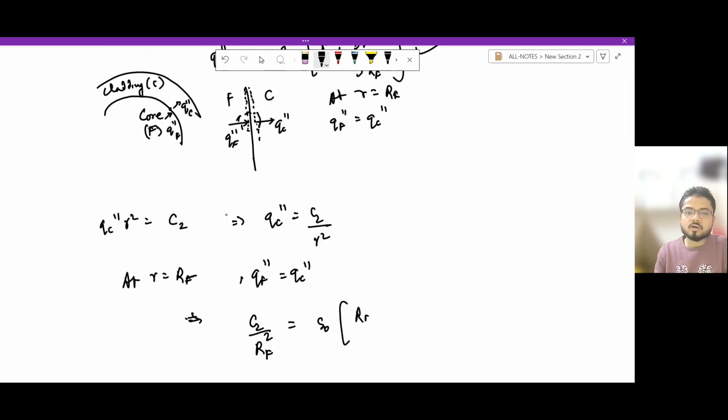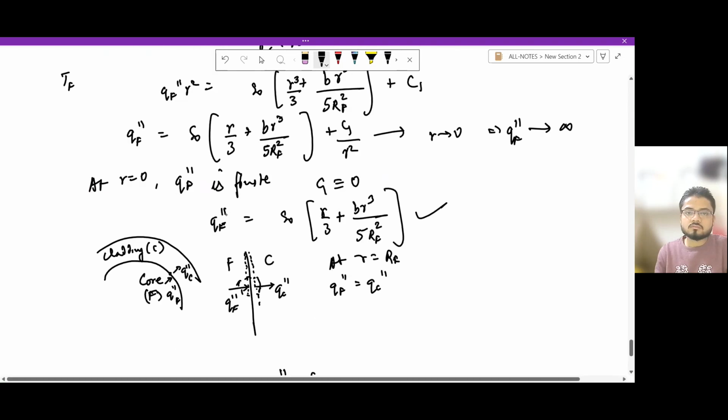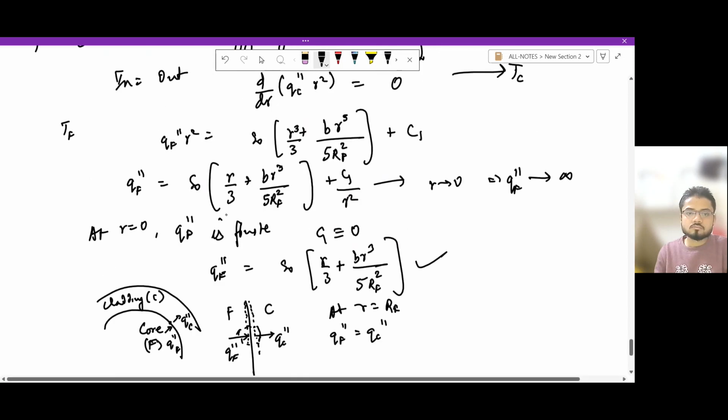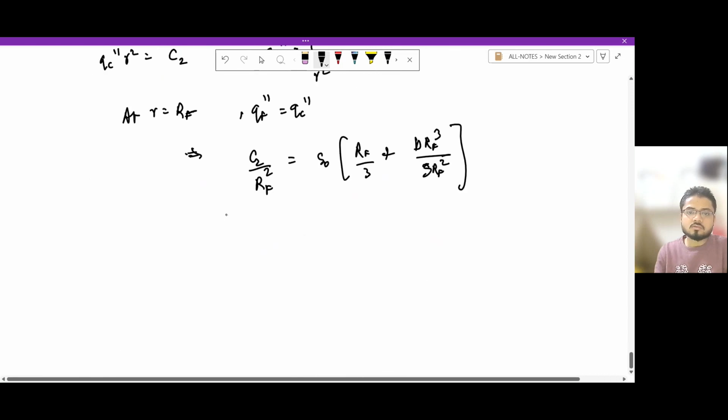It's RF by 3 plus BRF cubed over 5 RF squared. Yeah, this is how it looks.